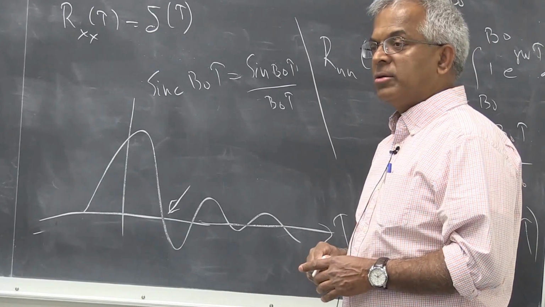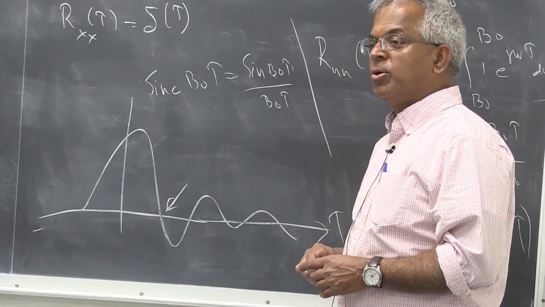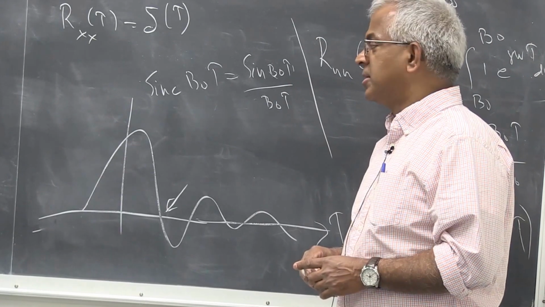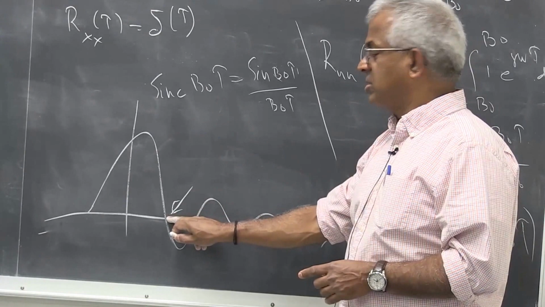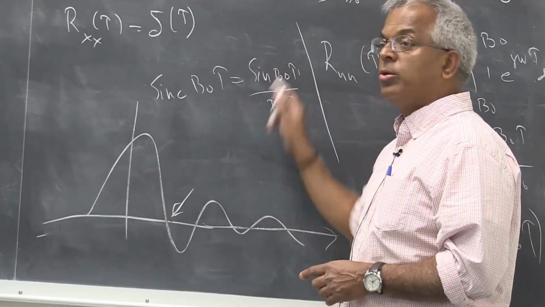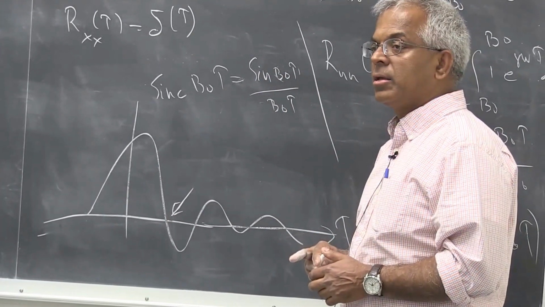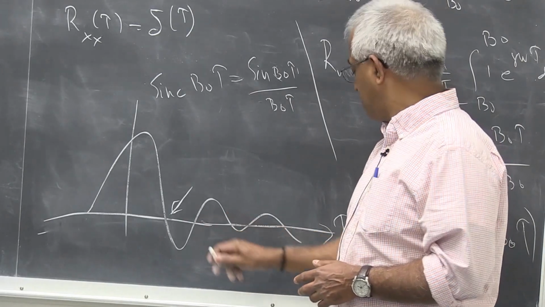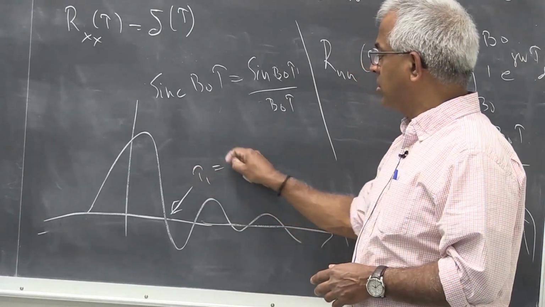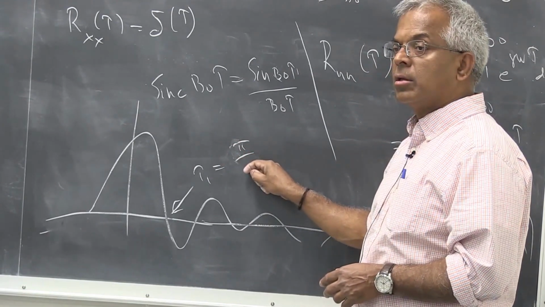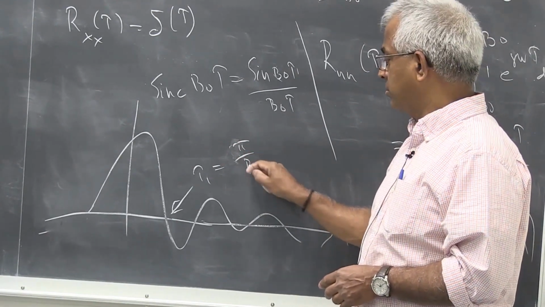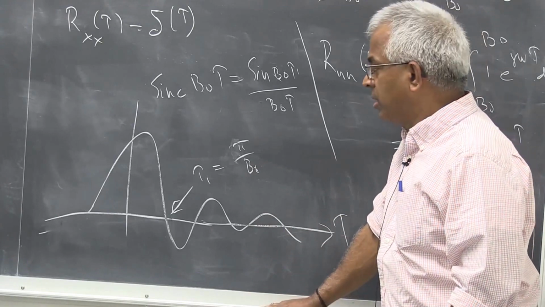Sine pi by 2 is 1. You should be going back to elementary classes. Sine pi is 0. So this corresponds to b naught tau equal to pi, or this tau 1 is equal to pi over b naught, right? 1 over bandwidth.